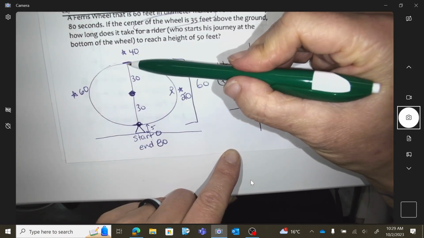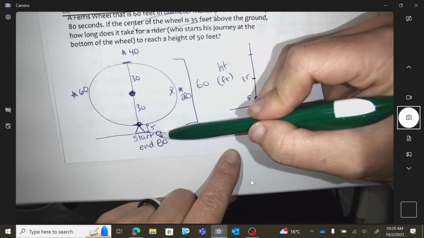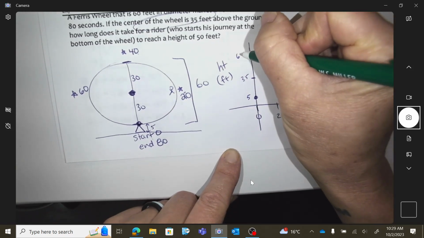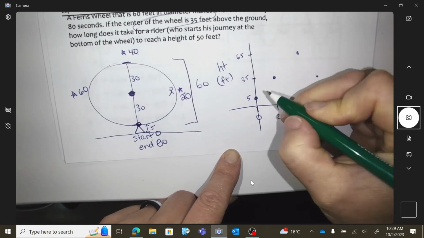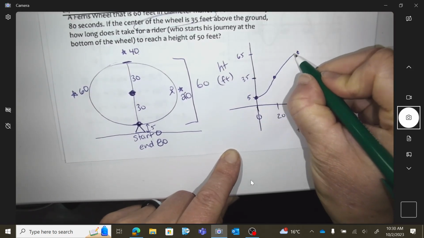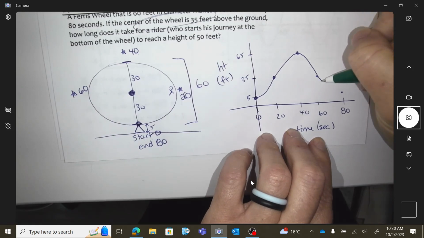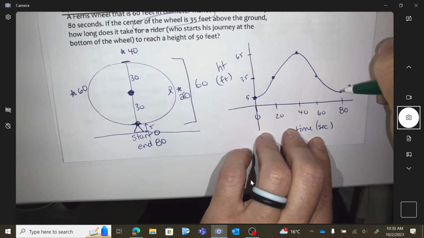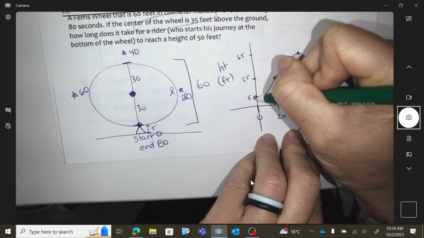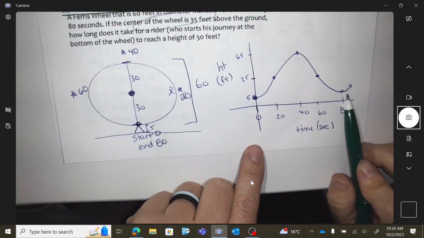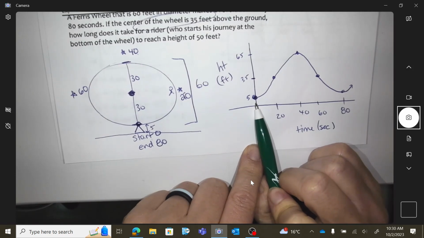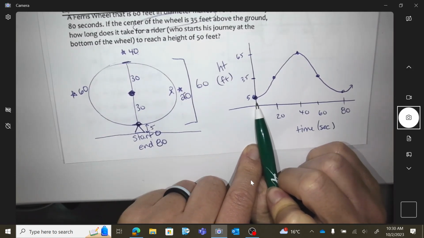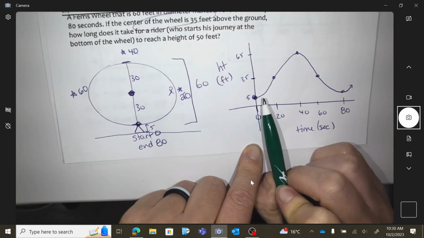So what are you right now? 60 and then 5. So 65. So look at that pattern. Okay, and then you could keep riding this Ferris wheel around. So I'm going to put an arrow on this side because I could keep riding the Ferris wheel. I'm not going to put an arrow on this side because I'm not going to go into negative time.